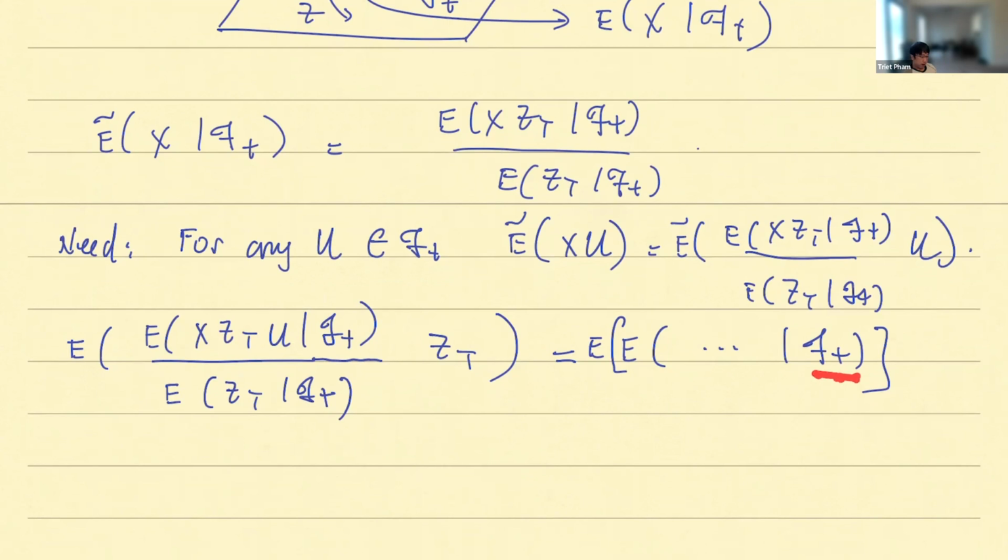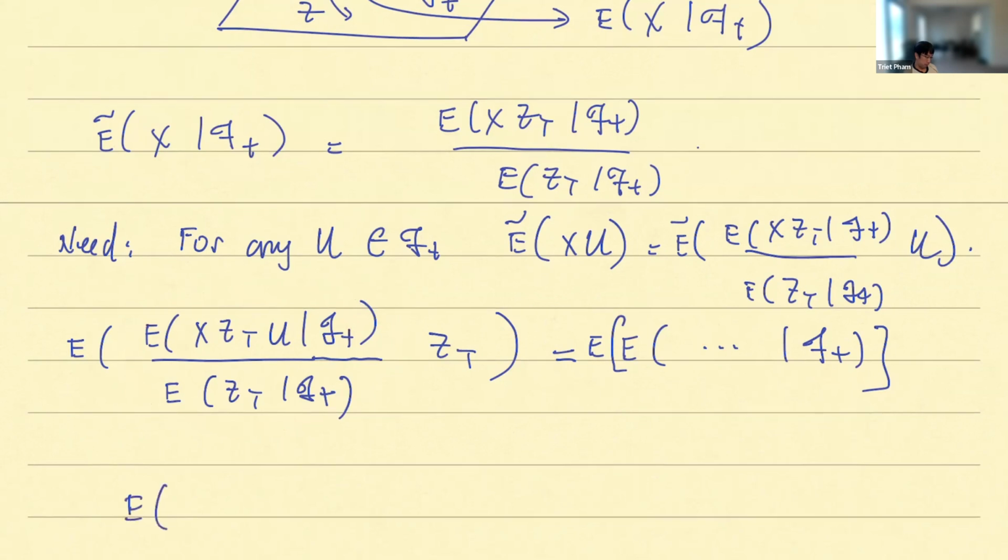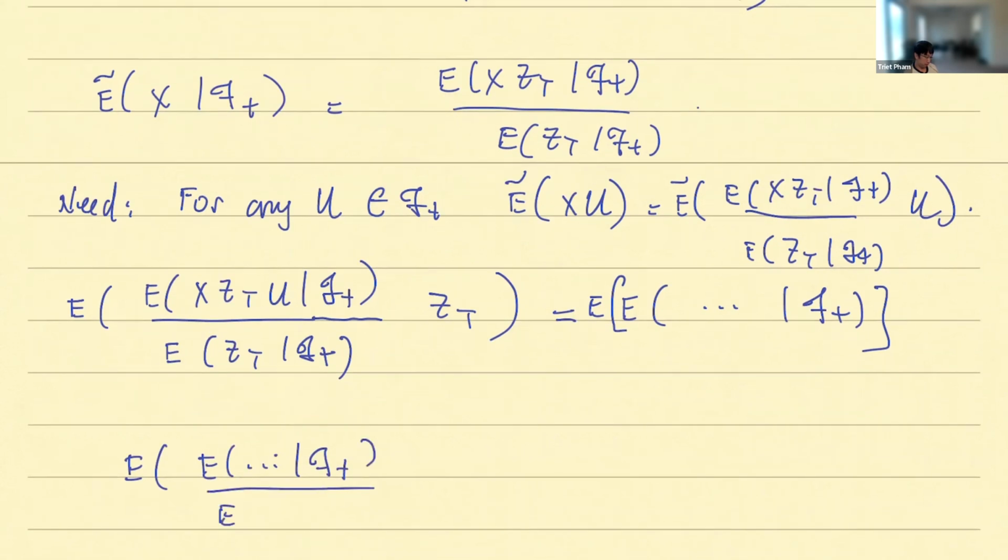When I condition, everything that is already conditioned is a constant. So the conditioning will factor out of the dot dot dot, leaving me with what? Z big T.